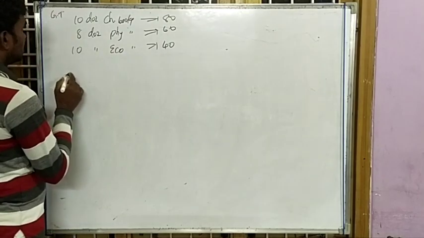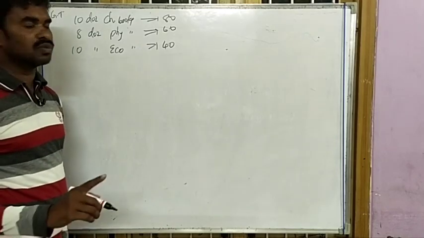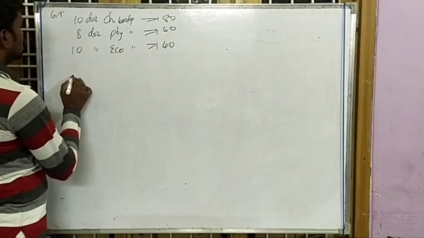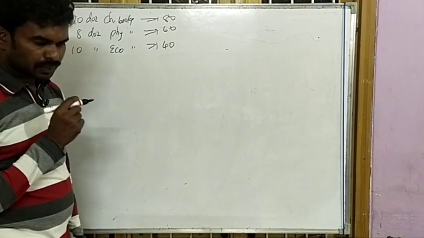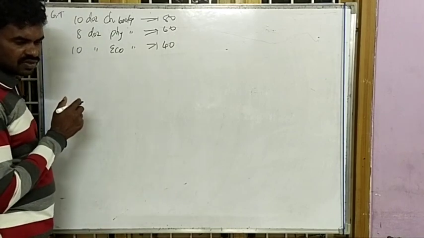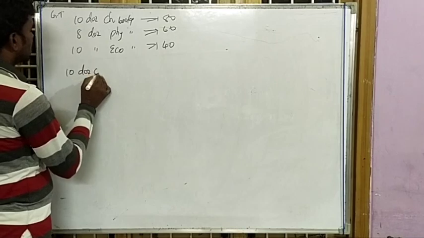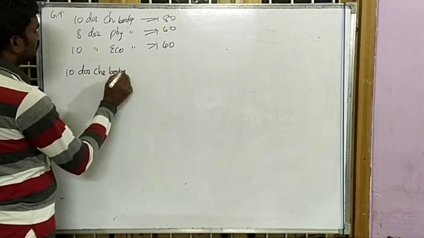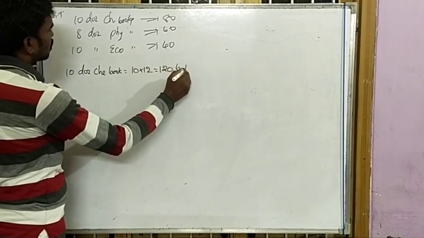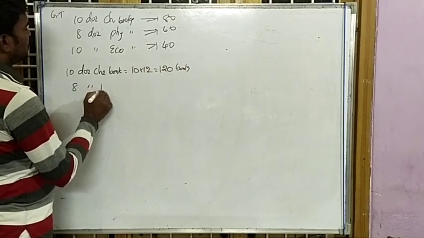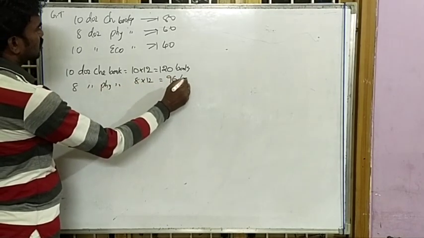Each dozen carries 12 books. So the books are: 10 dozen chemistry books means 10 into 12, that is 120 books. Next, 8 dozen physics books means 8 into 12, 96 books.